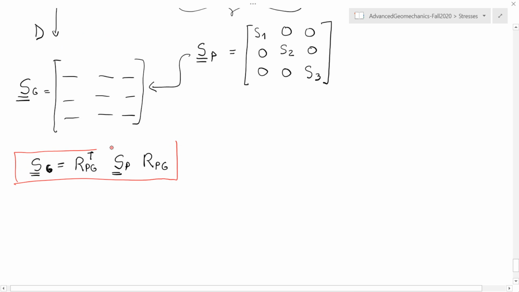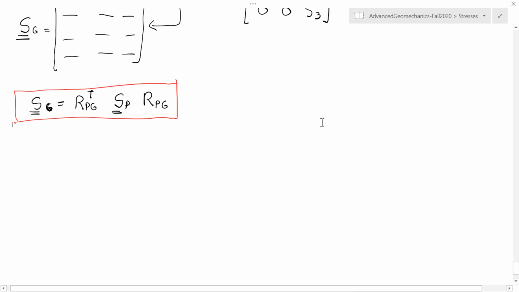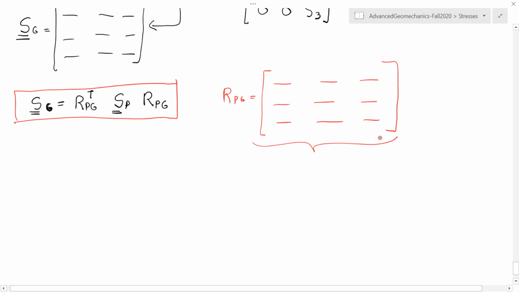All right, what is RPG now? The matrix RPG is going to be a 3x3 matrix that depends on angles alpha, beta, and gamma that I'm going to describe in just a sec.